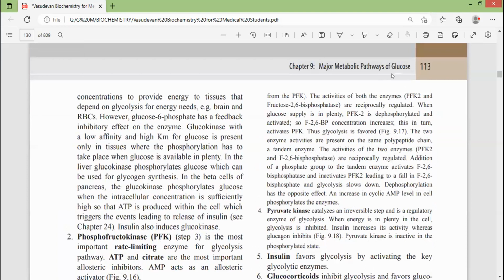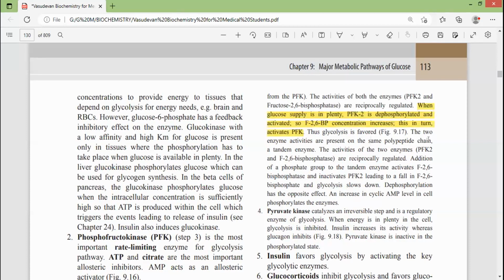Simply, this is the statement that when glucose is in plenty, let's say you've just eaten your meal, you've taken a soda, so that means when your glucose levels are high, PFK2 is activated.